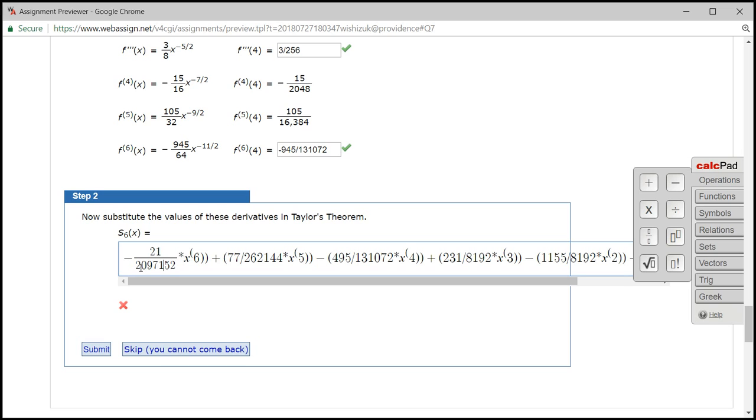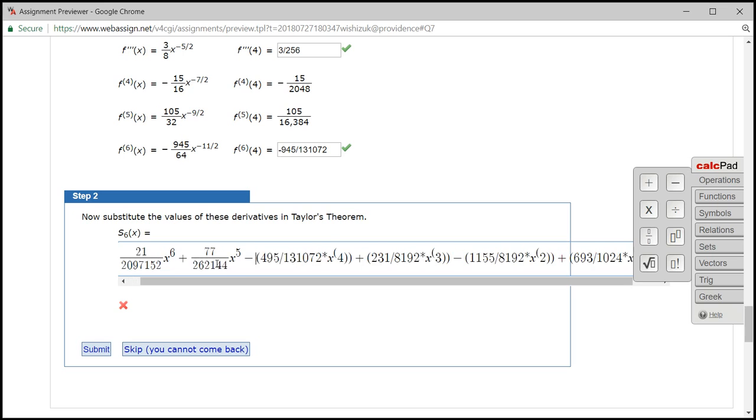That's going to be the x to the 6th power. It doesn't look like it right now, so I just have to clean that up a little bit here. I'm going to go up. So the next term is 77 over, then I copy this part, Control C, get rid of that, and paste it here, Control V. Get rid of that, so you have 5 there.